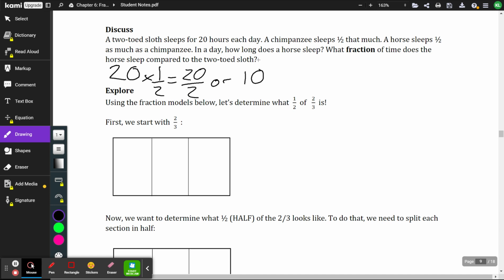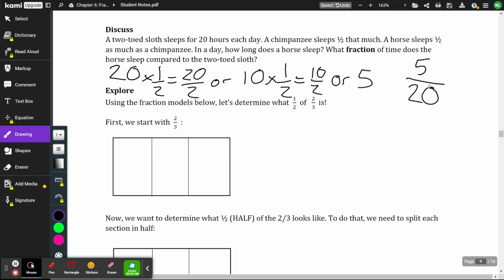Now I have another whole number. 10 times 1/2 equals 10 over 2, or 5. Now, a horse only sleeps 5 hours compared to a sloth that sleeps 20.